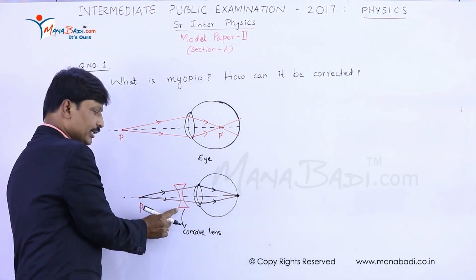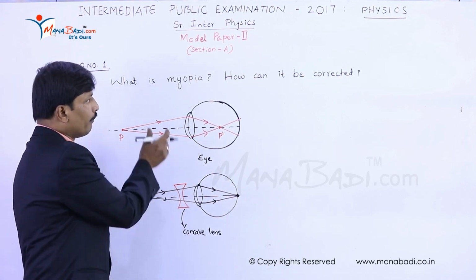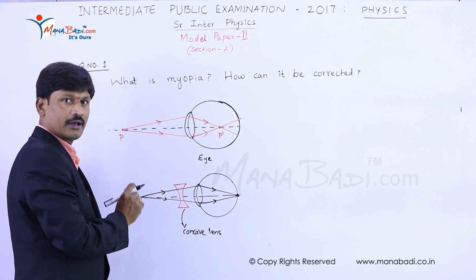So, by using a concave lens or diverging lens, myopia can be corrected.